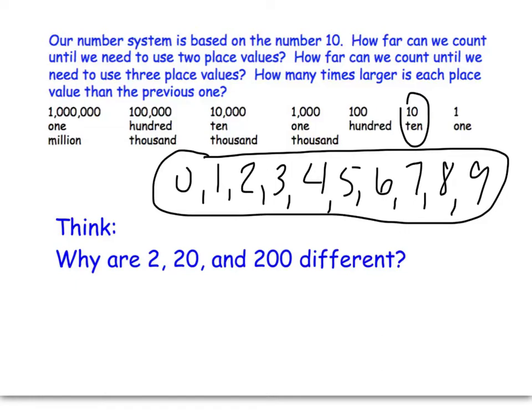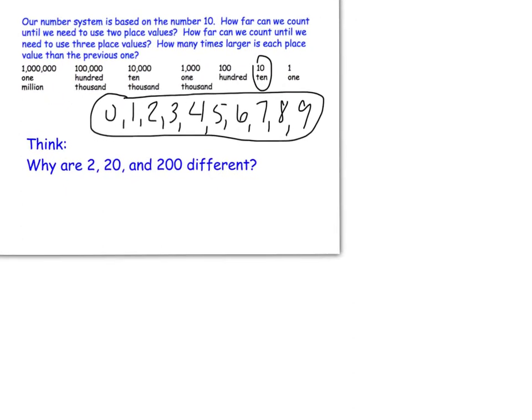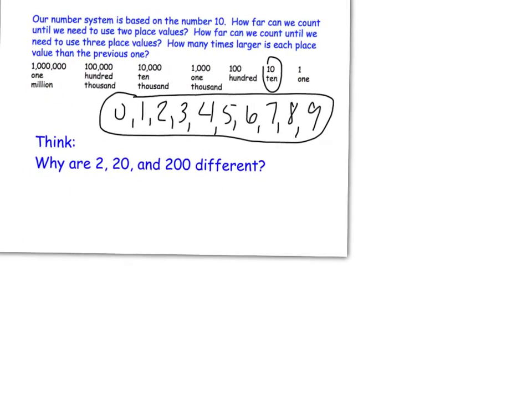How far can we count until we need three place values? Well, all the work that we did to answer that second question is going to come in handy. We just said in order to start the second place value, we need to start again with our 10. So that 9 refreshes and goes to a 0, and we start a new place value with our 1. Well, that's exactly what happens when we move to the hundreds place.